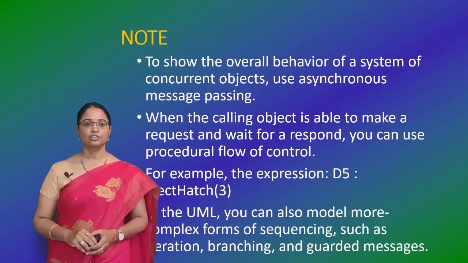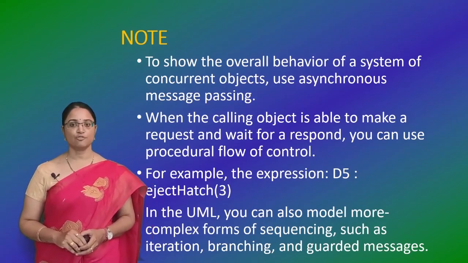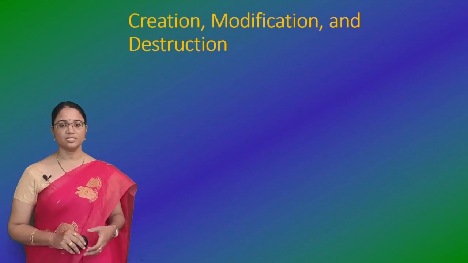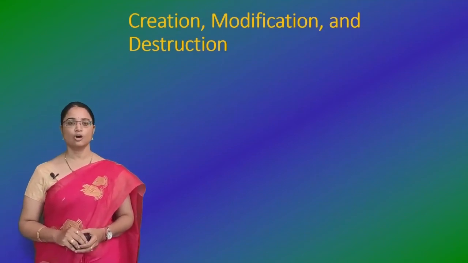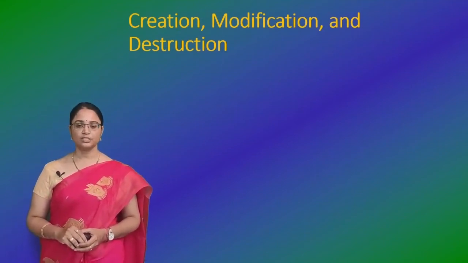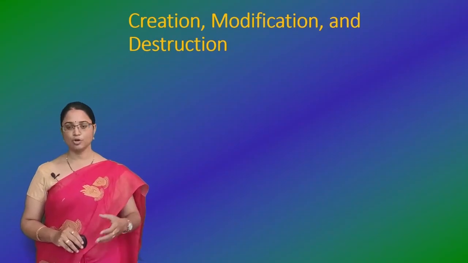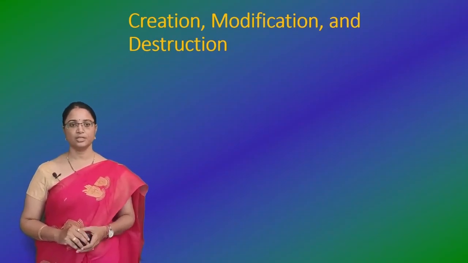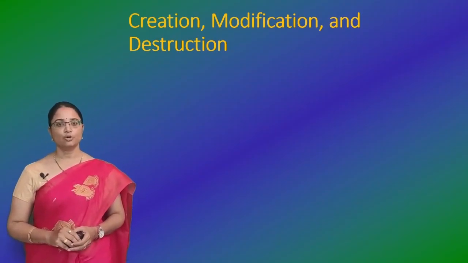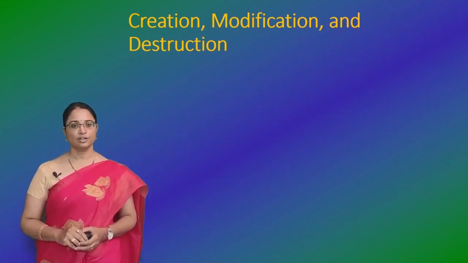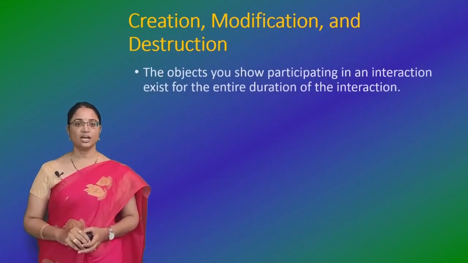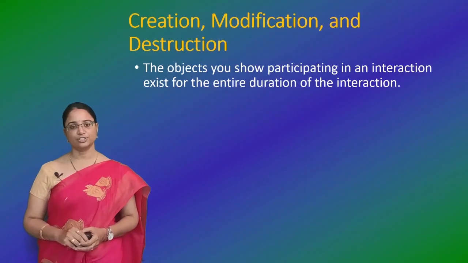Next, coming to the creation, modification and destruction of objects. How can you create an object, modify it, and destroy it? Creation means that if you want to create some object, you can give a create message. Most of the time, the objects you show participating in an interaction exist for the entire duration of the interaction.